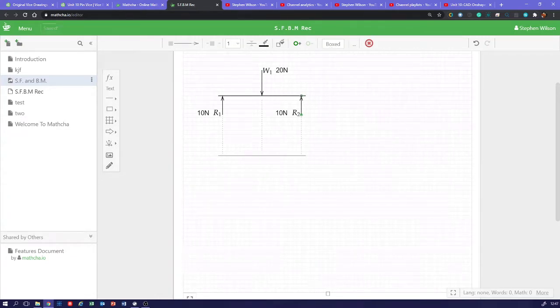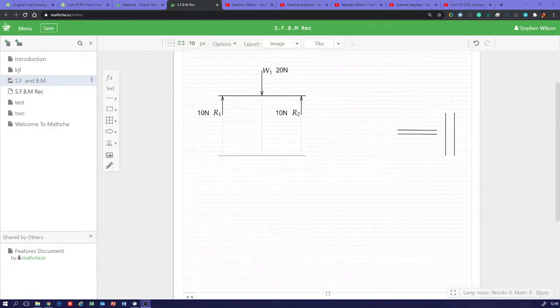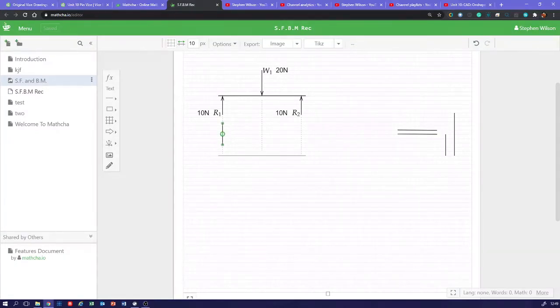So let's put those lines in and see what that looks like. Okay, so here's some lines I made earlier. We start off and we get to our first force and we go up by 10. I'm doing a scale of 2 newtons to 1 square, so I've gone up by 5.